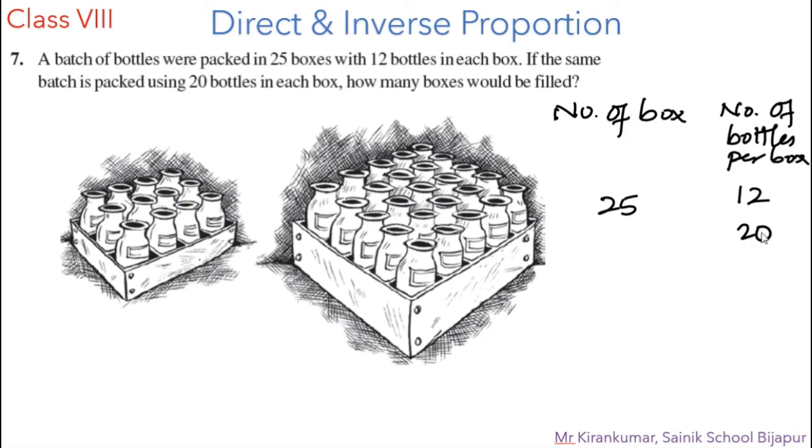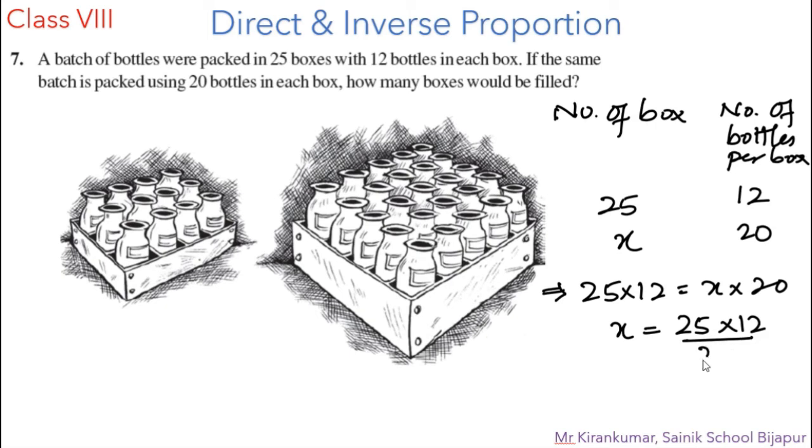If 20 are considered instead of 12, let me take this as x. Since it is in inverse proportion, I can write 25 times 12 is equal to x times 20. So the value of x will be equal to 25 into 12 divided by 20. 25 times 12 is 300, divided by 20 will be 15. So the number of boxes is reduced to 15 now.